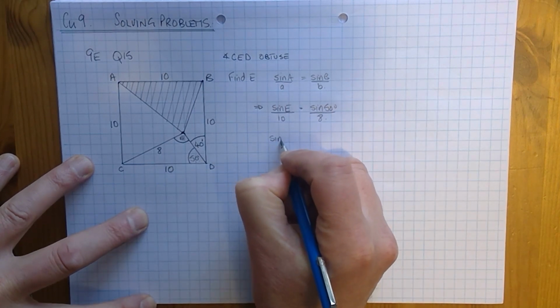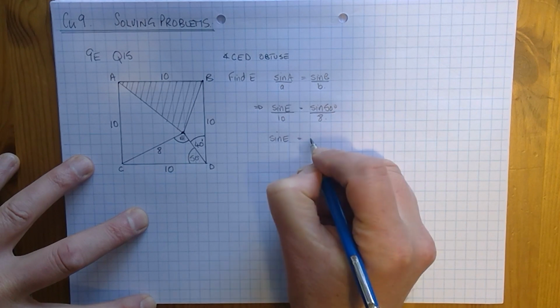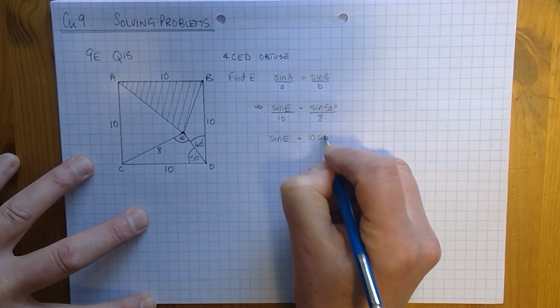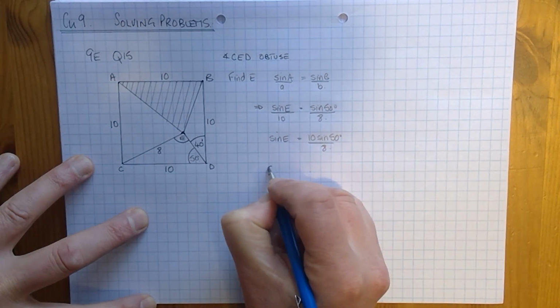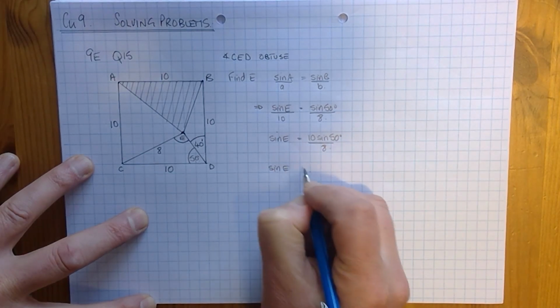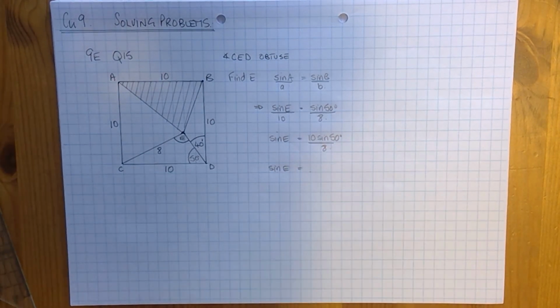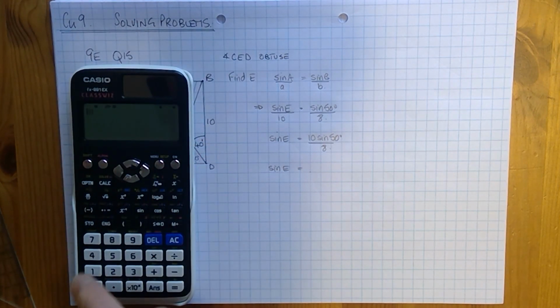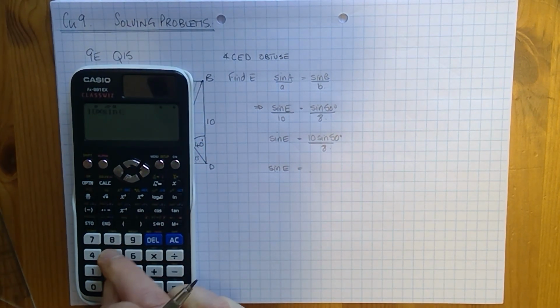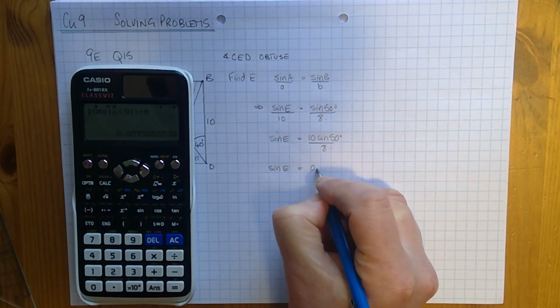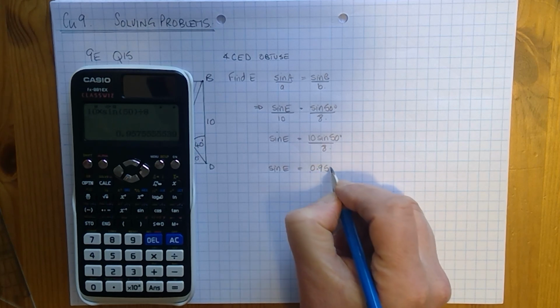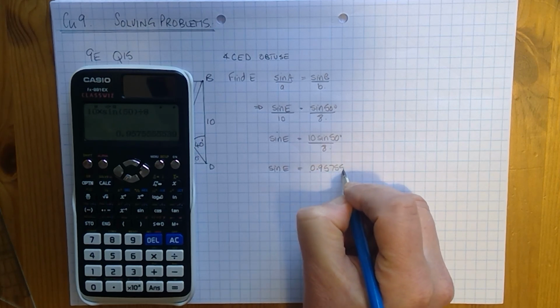Rearranging gives me sine E is 10 sine 50 divided by 8. So sine E equals, pressing the buttons on my calculator, 10 times sine 50, close my brackets, divided by 8 equals 0.95755.